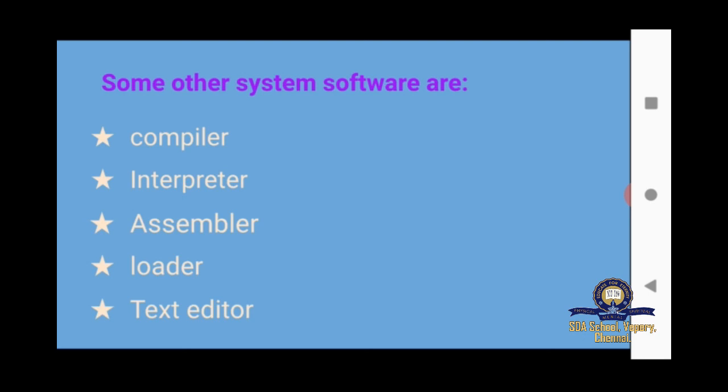Whereas the compiler converts high level language into machine code, the assembler translates assembly level language into machine code. Then the loader transfers a program from the secondary storage device to the primary memory of a computer. Then the text editor is a blank screen where we can write or edit a program.